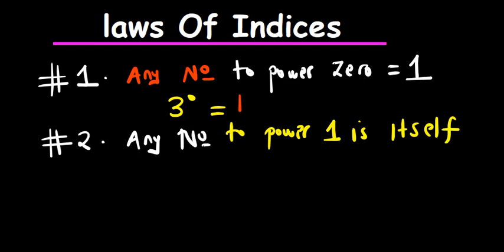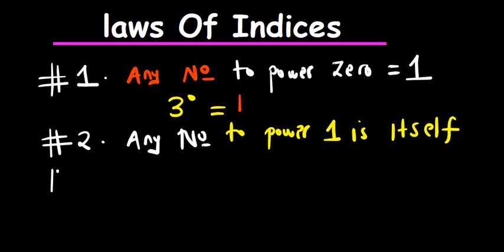So what we mean is, if I've got 3 to the power 1, the answer will still be 3. Likewise, if I have, let's say, 10 to the power 1, the answer will be 10. So any number, as long as it has a power of 1, is itself.